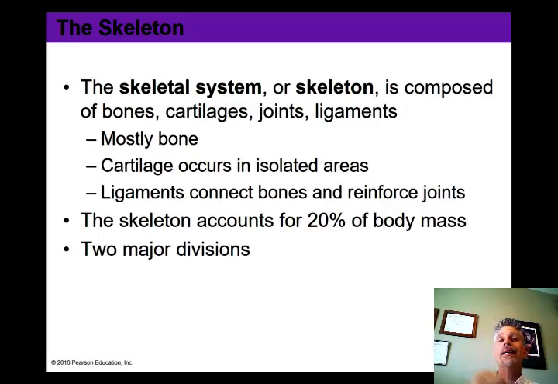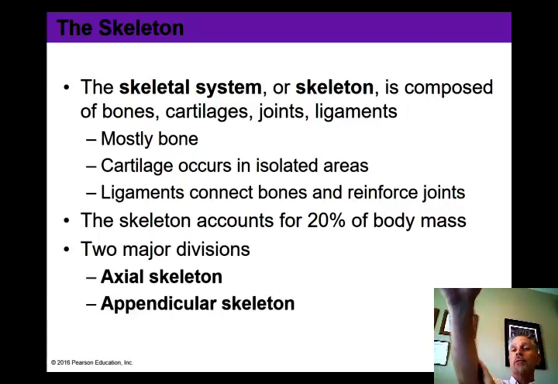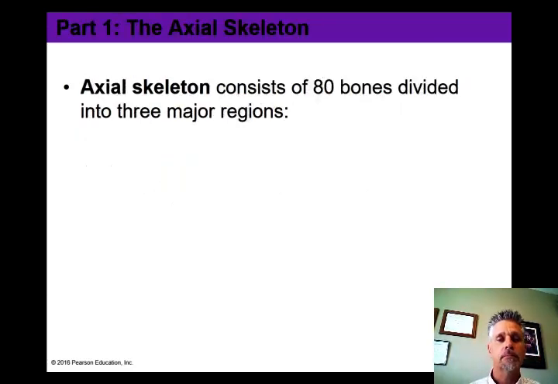We'll see that in the next chapter where we talk about these moving parts. But when we look at the skeleton overall, remember that we have two major divisions, right? We have the axial skeleton along the main axis, and then the appendicular skeleton for the appendages.